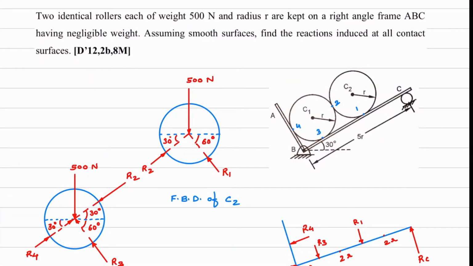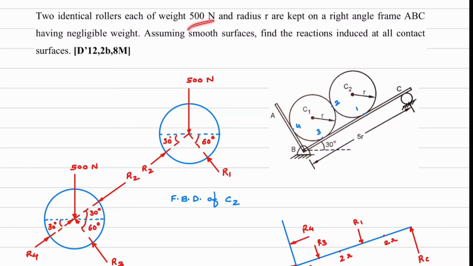Now the next numerical is a big numerical. I'll read the question. Two identical rollers, each of weight 500 Newton. So here you can see this is roller 1 and this is roller 2. Both have a weight of 500 Newton. The weight will act at the center of gravity like this.